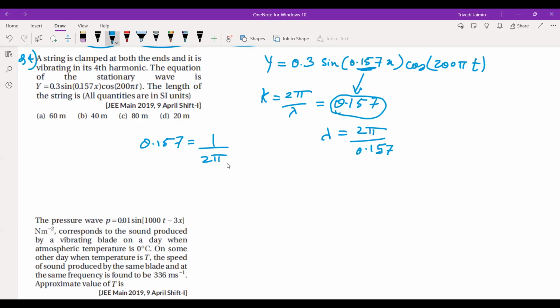Okay, remember this trick. All these values will be helpful.